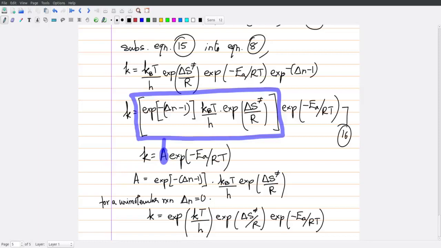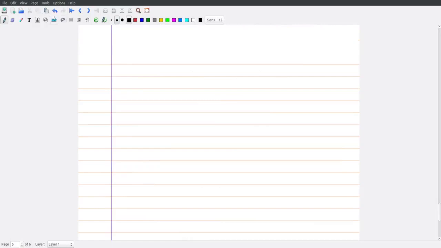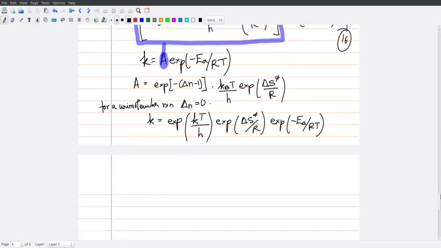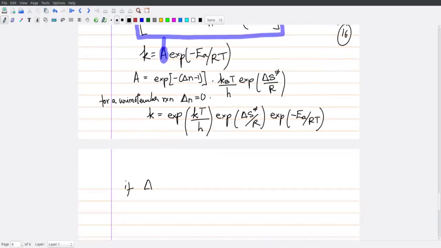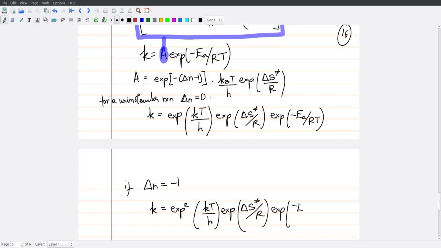Now, if delta n equal to minus 1, this will change as k equal to exponential square kT by h exponential delta s dagger by r exponential minus EA by RT.